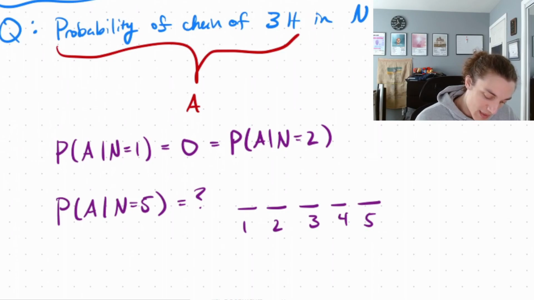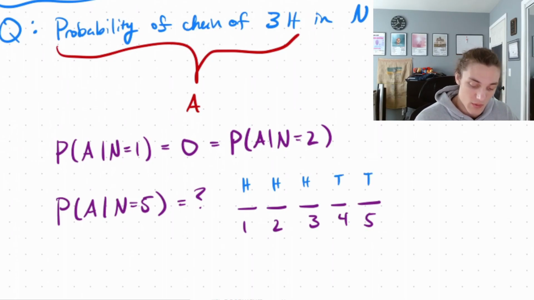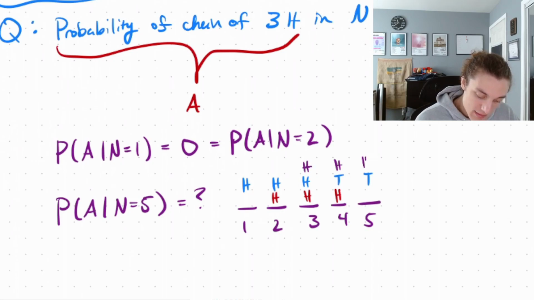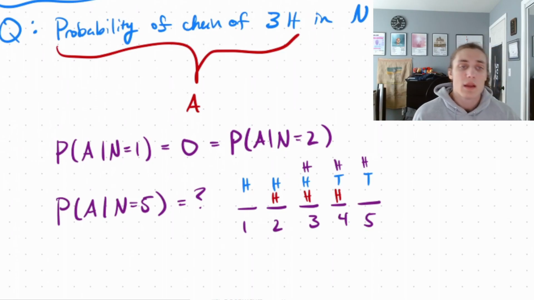So what is one possible configuration of 3 heads? Heads, heads, heads, tails, tails. Another possible configuration is maybe tails, heads, heads, heads, tails, and then another one would be heads, heads, heads, so on and so forth.